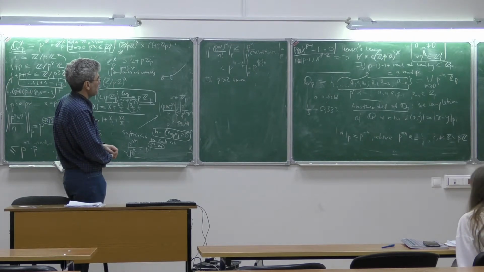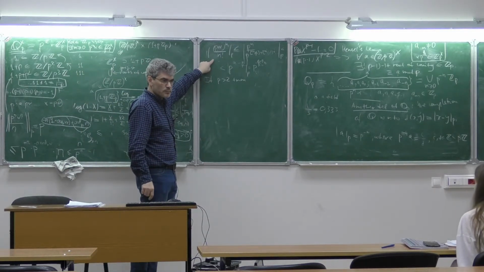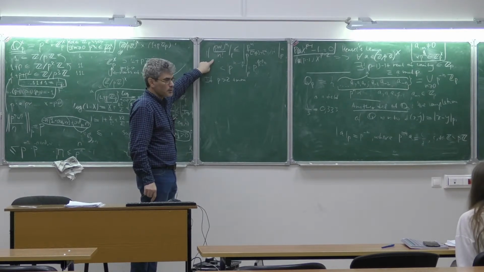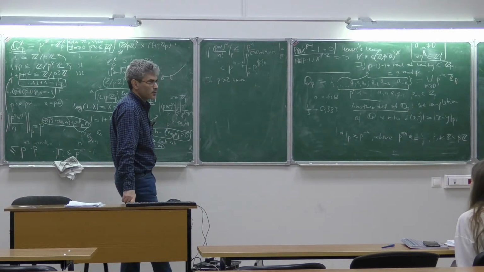So this will be... you see, then the general term tends to 0. Does it? When n tends to infinity, so 0 is the limit.